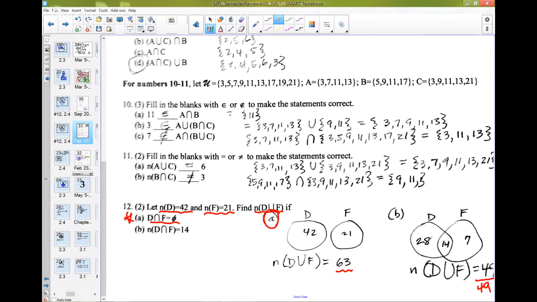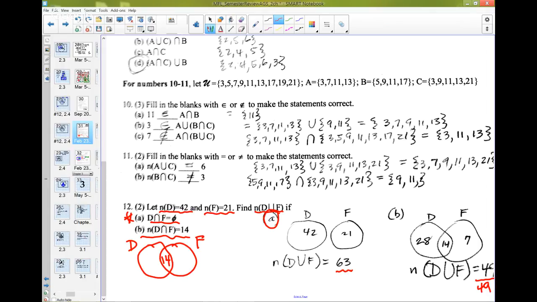Okay. That's another one. Now it gets a little complicated in part B, because in part B it says this time the two sets do intersect, and there's 14 in the intersection. So here I'm going to draw that part over. So now you've got D and you've got F, and we just found out 14 is in the overlap part.